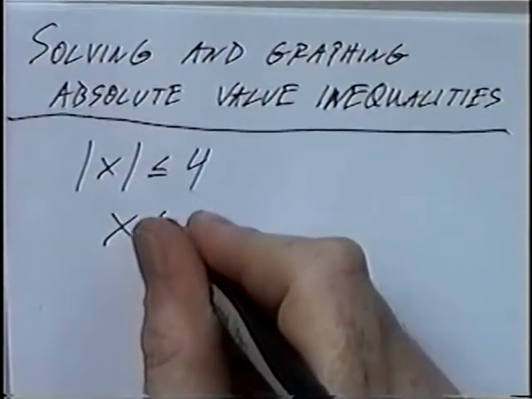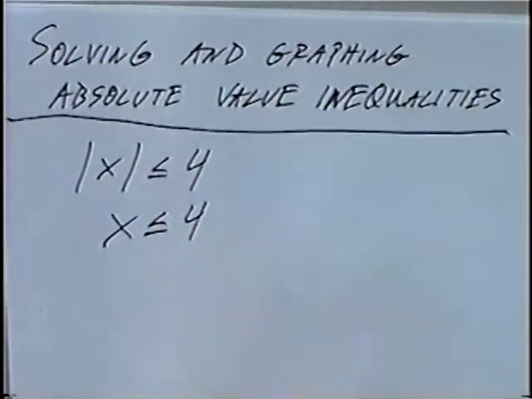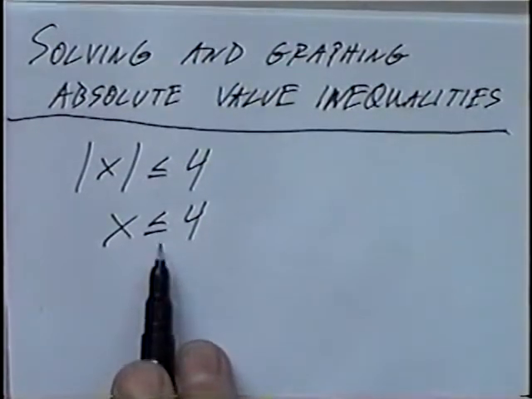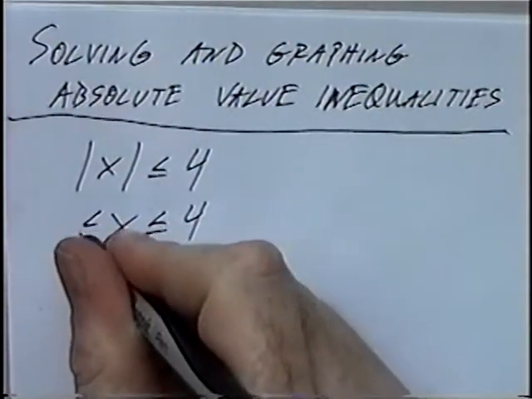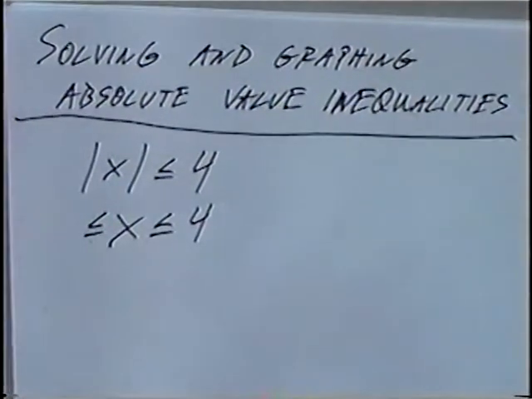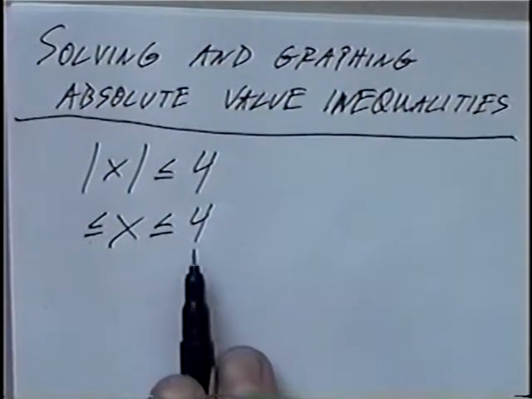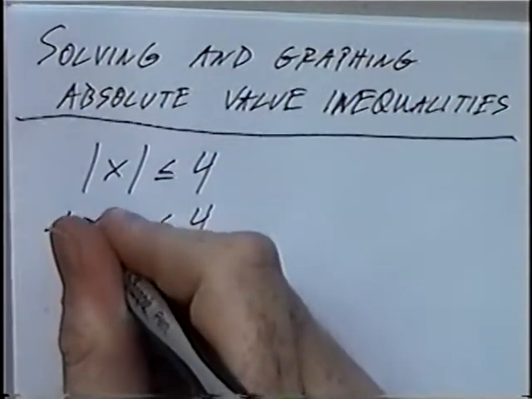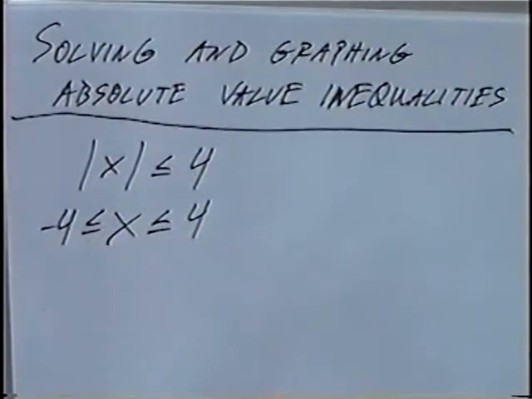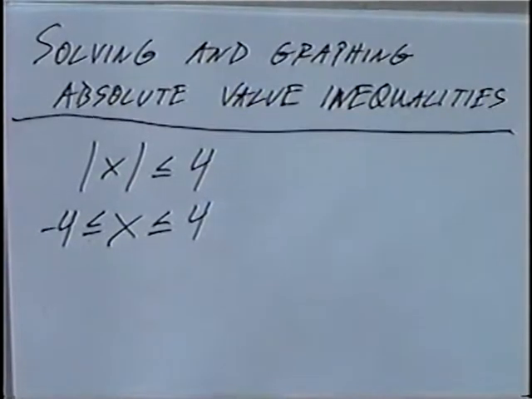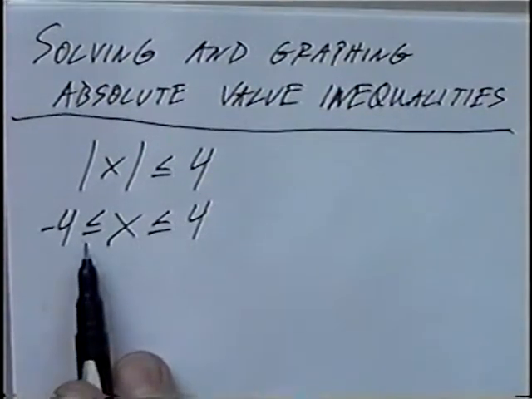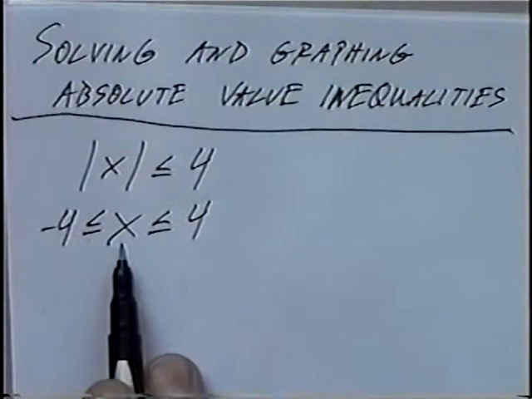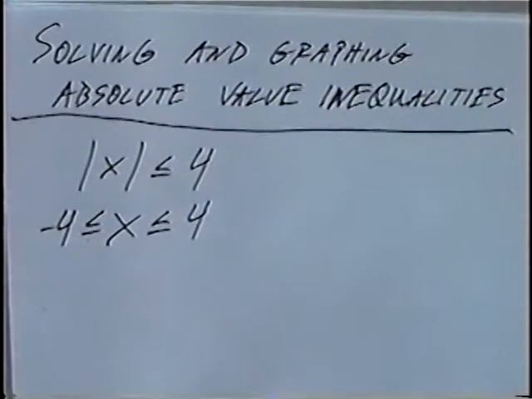So we'll have x less than or equal to 4. And the inequality less than or equal to we'll copy exactly as is to the left-hand side of the problem. And the number 4, we'll do the opposite of that, which is negative 4, that we'll put on the left-hand side of the problem. Now we have the inequality negative 4 less than or equal to x less than or equal to positive 4.